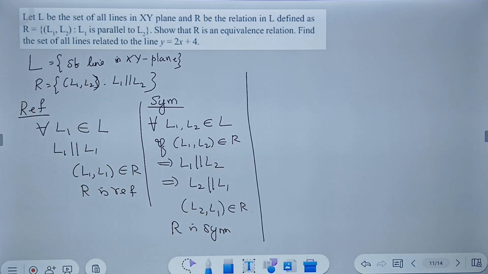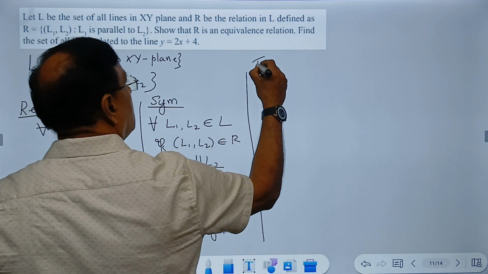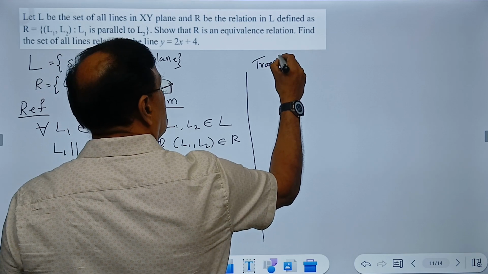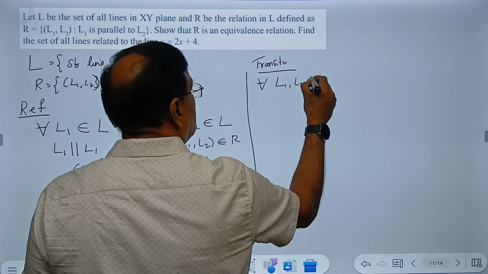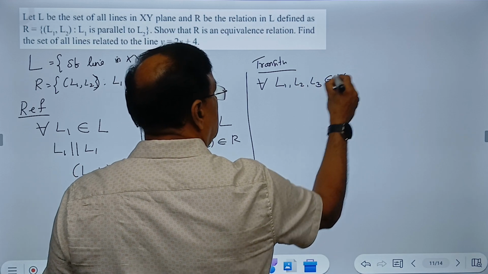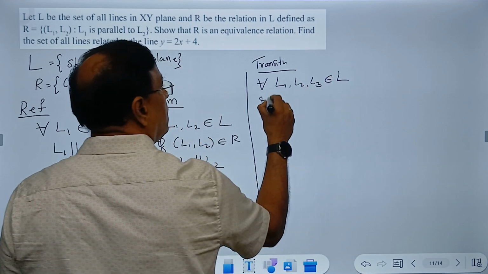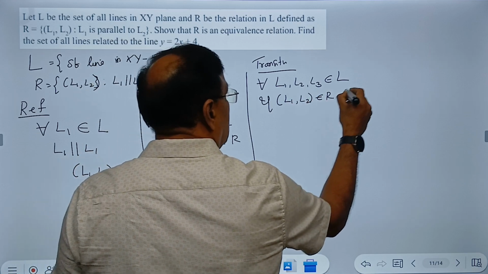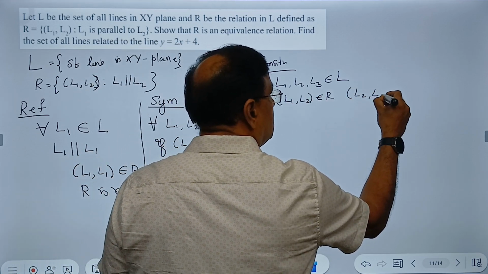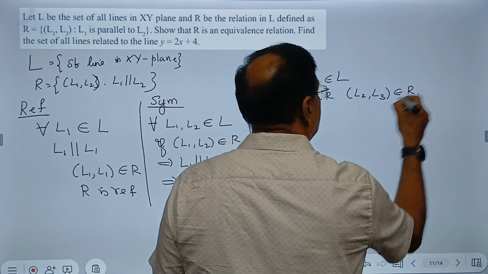Now let's go to transitive. For every L1, L2, L3 belongs to L, if L1 is related to L2 and L2 is related to L3, what do you know?